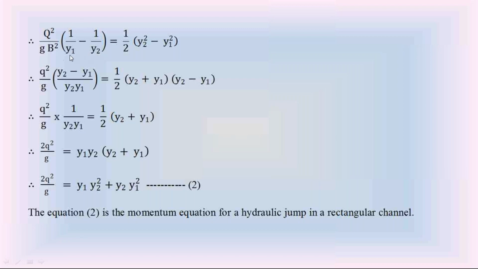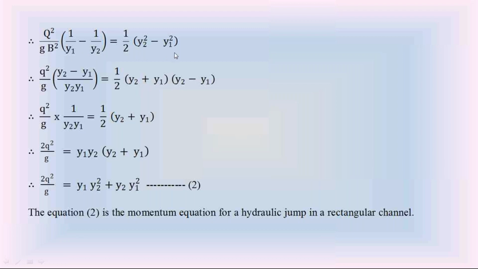If I take y1 by 2 as LCM, this equation becomes y2 minus y1 by y1 by 2 is equal to half into y2 square minus y1 square. This is a square minus b square form. You know that a square minus b square is equal to a plus b into a minus b. So y2 square minus y1 square is equal to y2 plus y1 into y2 minus y1.